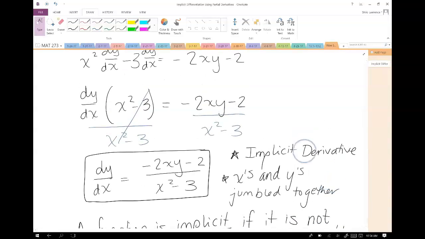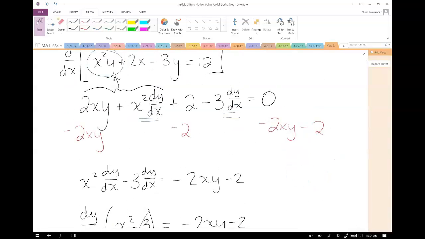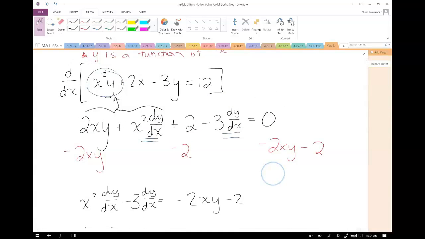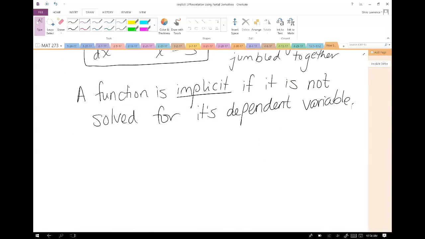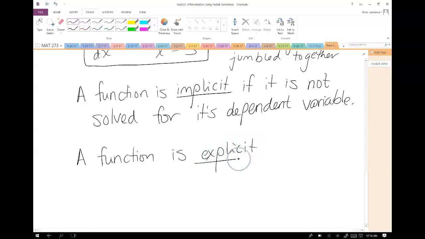So if we had this function given to us as y equals a function of x, that would be explicit. But we didn't. We had the y's and x's all jumbled together, which means it's implicit. The opposite here is that a function is explicit if it is solved for its dependent variable.